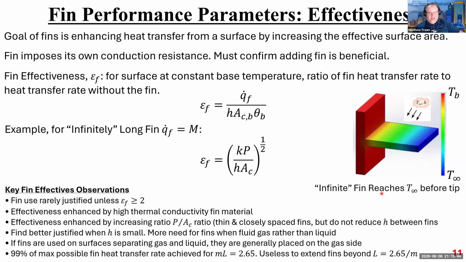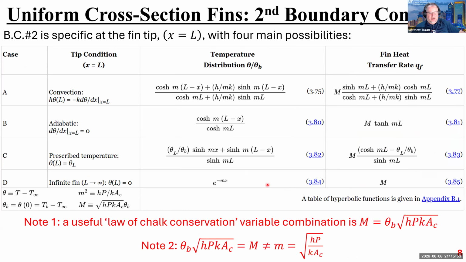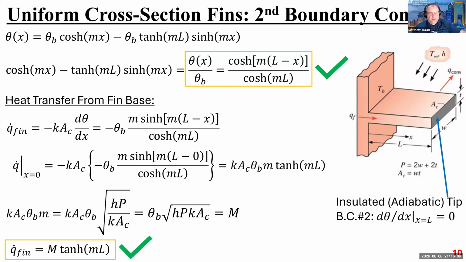That's what it means. So now that you know what an infinite fin is, you can go back and actually derive these for yourself. You're just putting infinity in for L. And of course, this is that statement where the temperature difference at L, which is infinitely far away, is equal to zero. The tip of the fin is basically the ambient temperature.